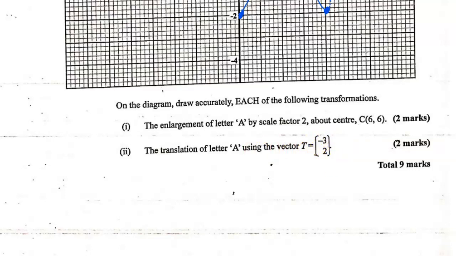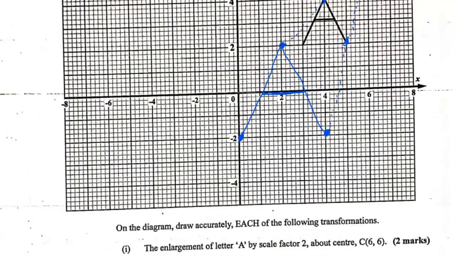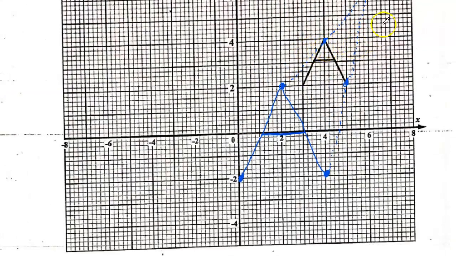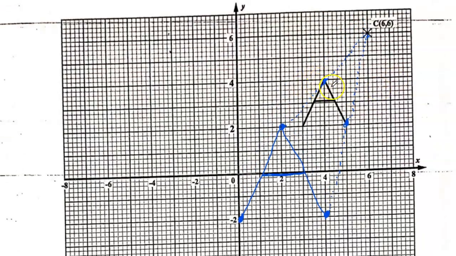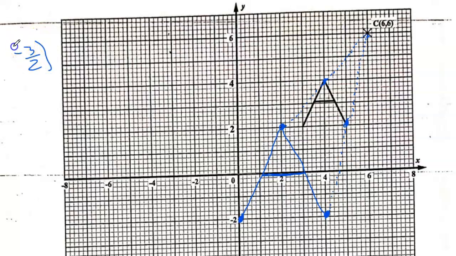So point by point, the vector (-3, 2) means each point is going to move 3 places to the left and 2 places up.